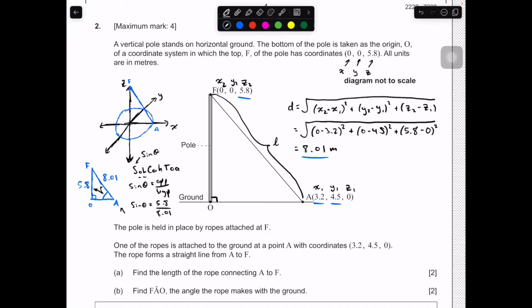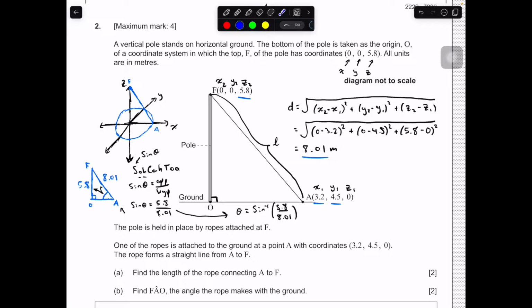After that, you can go ahead and solve. And I apologize for the lack of space or how condensed it is. But we can write this also as theta is sine inverse 5.8 over 8.01. Either of those should work. You can either solve this original equation, or we can take the inverse, whichever you're comfortable with.